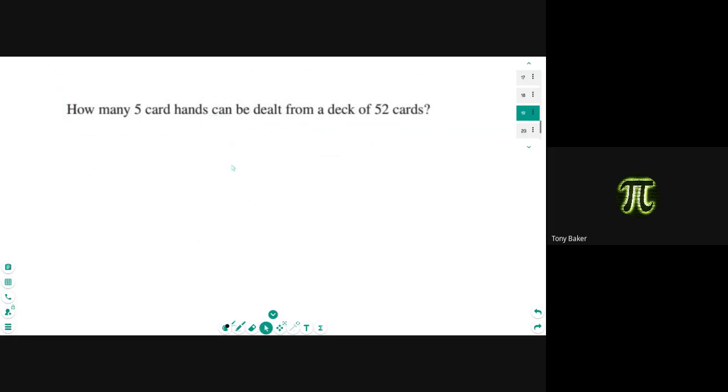How many 5-card hands can be dealt from a deck of 52 cards? The screen goes out after 90 minutes.